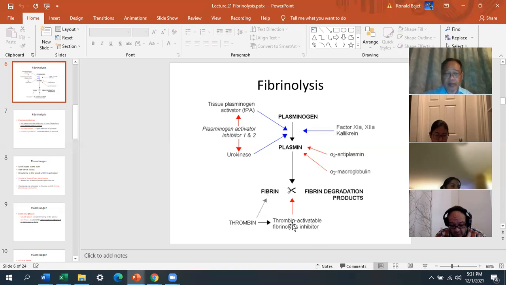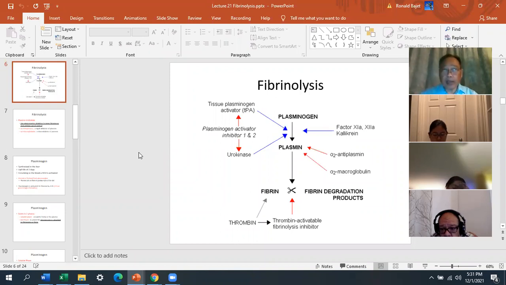This is an inhibitor. See, there's a red arrow here. So you have 1, 2, 3, 4 inhibitors, and you have 3 activators. Okay, but I listed them out in a handout that I emailed to you earlier. It's a listing of the activators, inhibitors. Make sure you indicate that on your answer sheet.